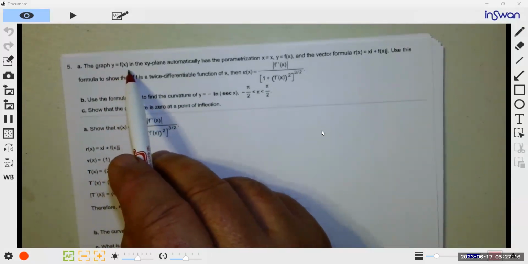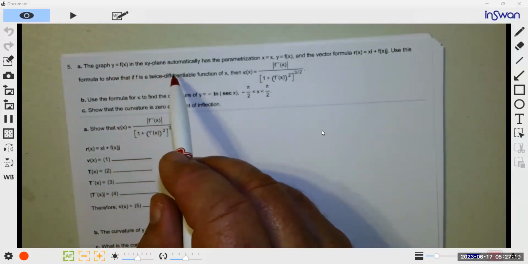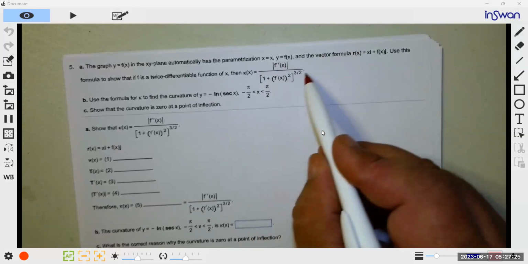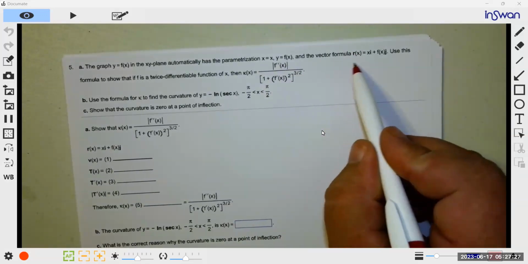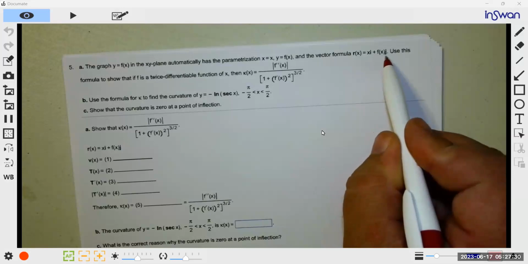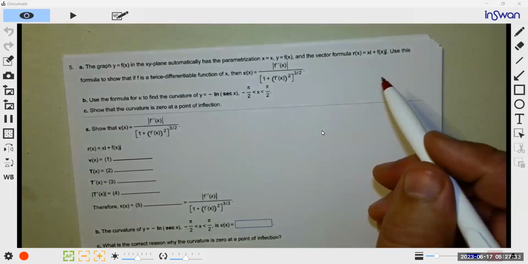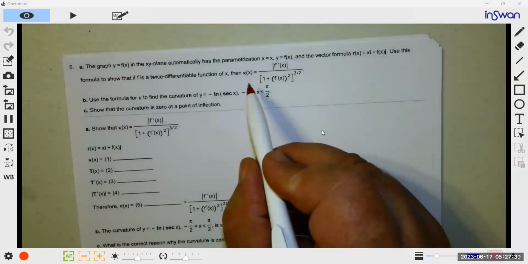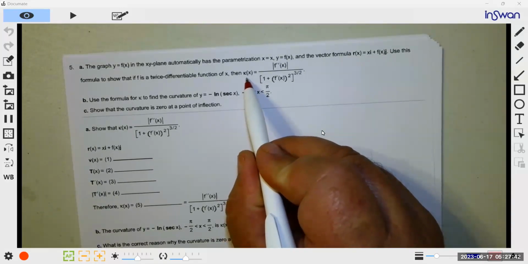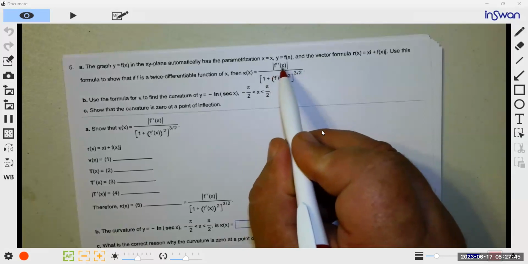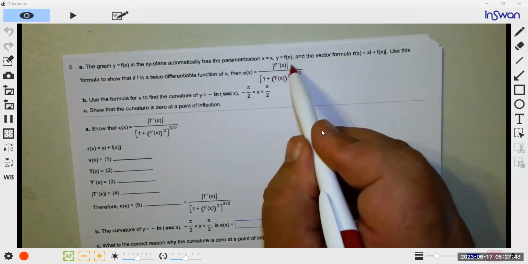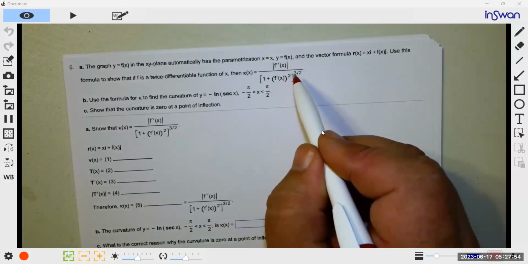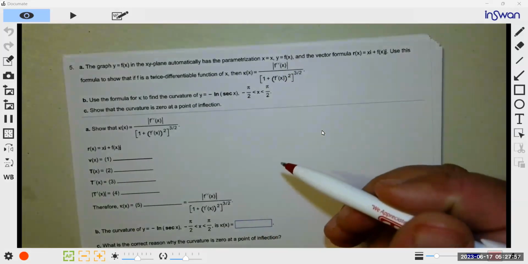The graph y equals f of x in the xy plane automatically has a parameterization of x equals x, y equals f of x. And the vector formula r of x equals x i plus f of x j uses this formula to show that if f is a twice differentiable function of x, then k of x is equal to the absolute value of f double prime of x divided by the denominator, 1 plus f prime of x squared, to the power 3/2.